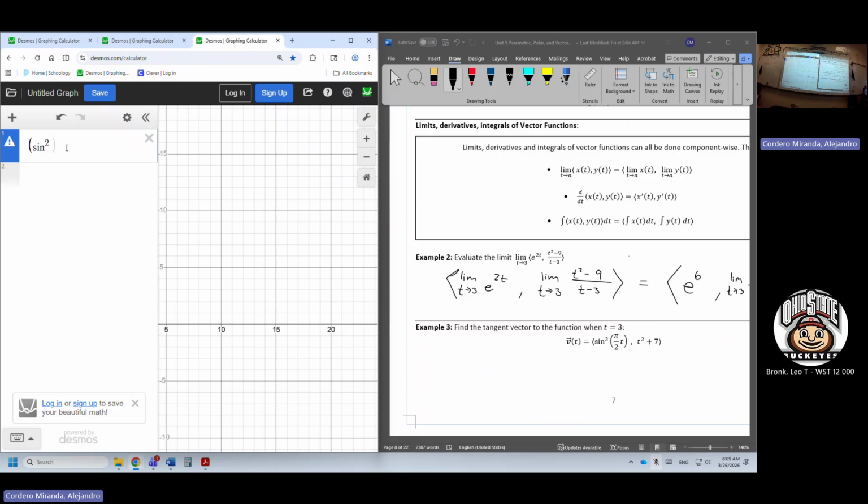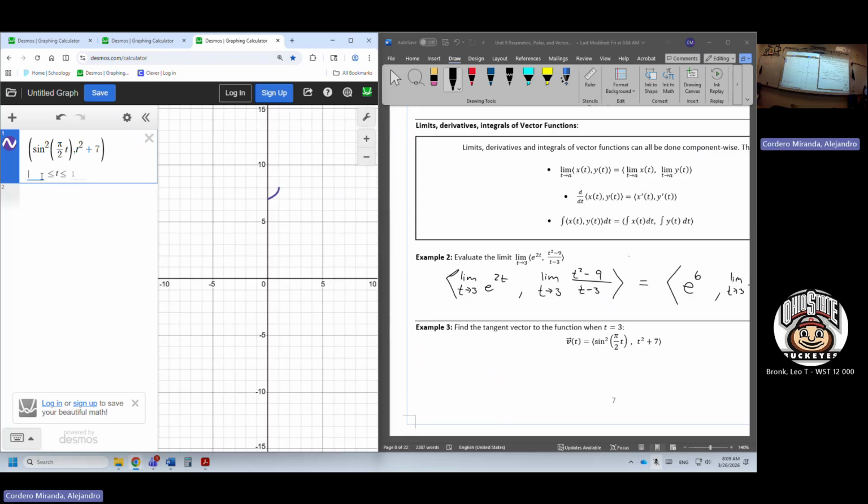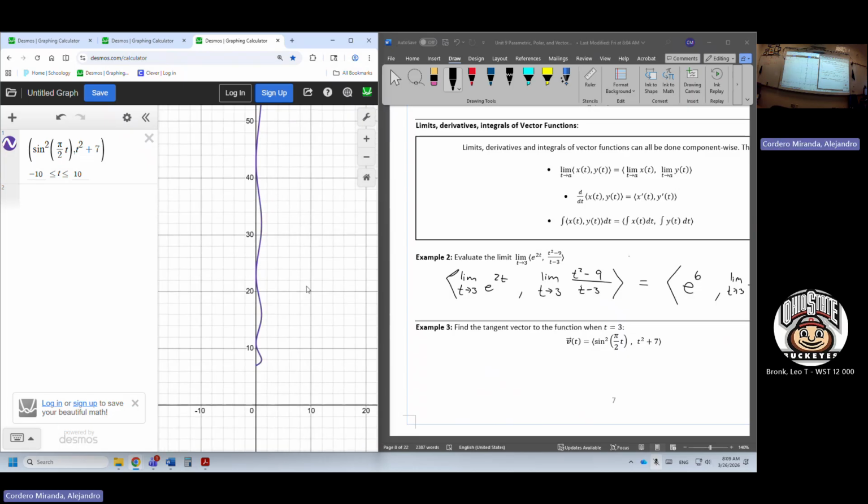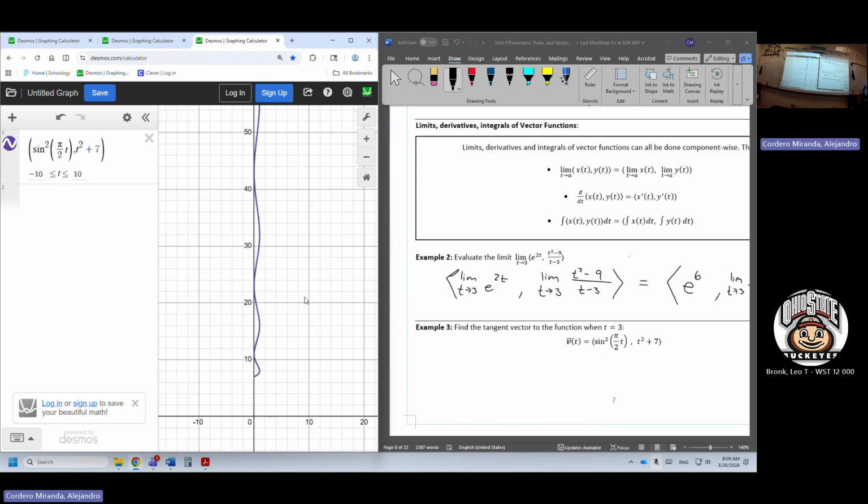Sine squared of pi over 2 times t, comma, t squared plus 7. And let me go from, I don't know, -10 to 10 or something. Okay, there's that function.